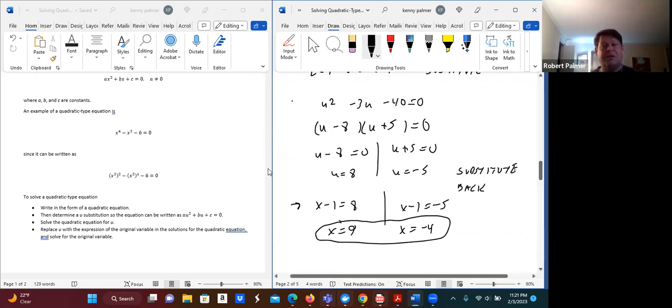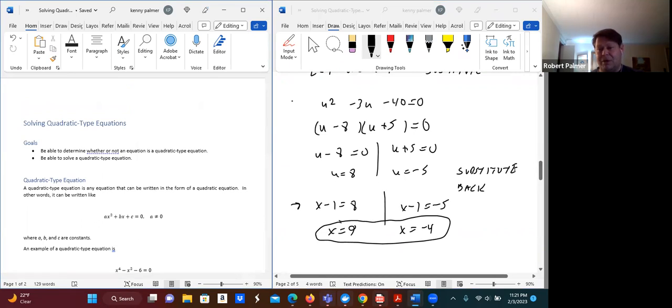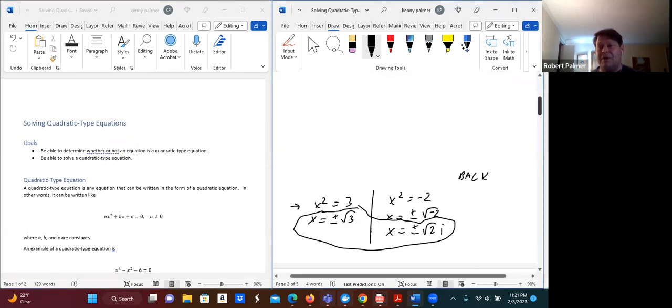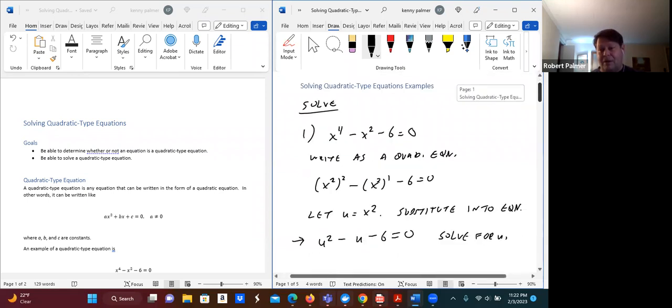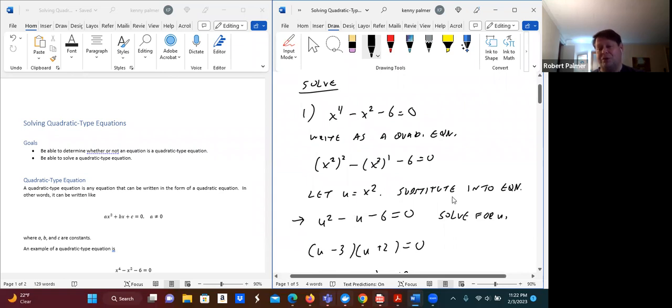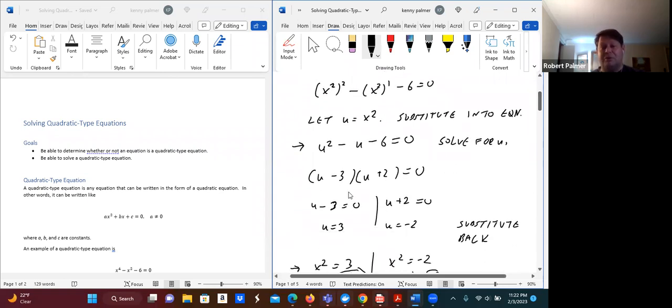So what we've seen today is how to solve what's called a quadratic type equation. The equation has to be very close to a quadratic equation, where one term is essentially the square of the other term in terms of your variable. If you can write it in this quadratic form, do u substitution, write it as a regular quadratic equation, and solve it in terms of u.